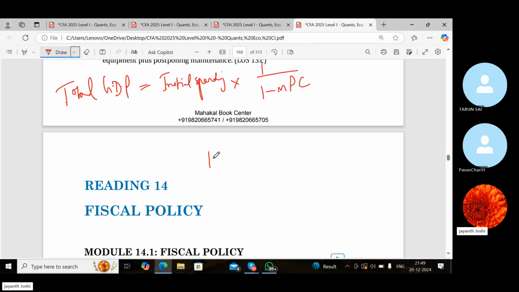So initial spending was $100. Marginal propensity to consume was 80%. So 100 times 5, 1 by 0.8. How much is that total GDP change?